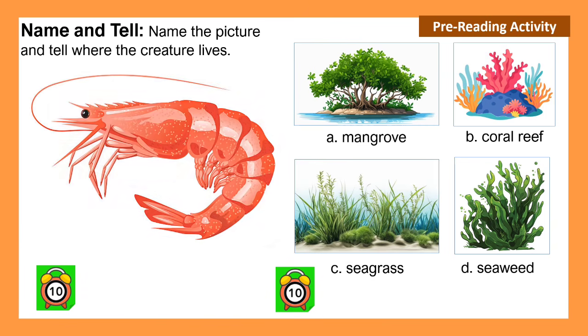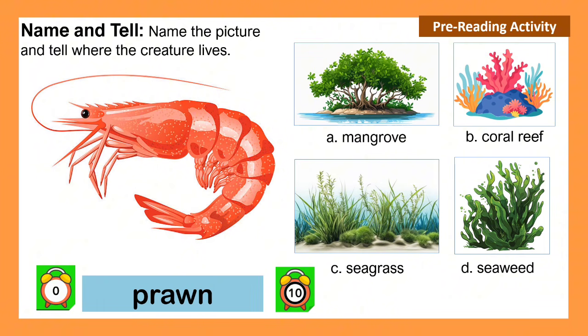Now, let's name this picture. This is a prawn. And where does this creature live? You can find it in seaweeds.